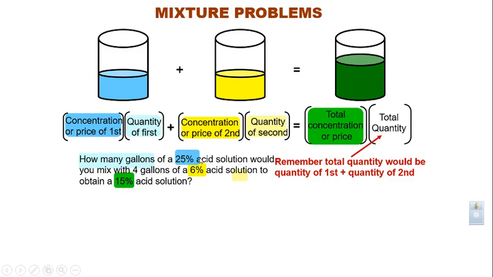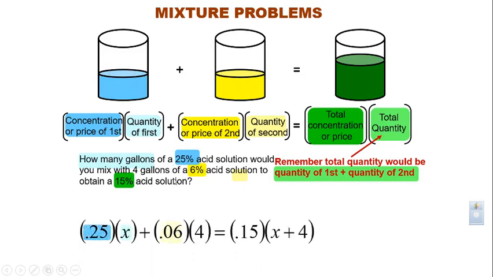So you'd multiply 0.06 by 4 gallons. And then the final mixture has a concentration of 15%, but the total quantity is the volume of the first plus the volume of the second.